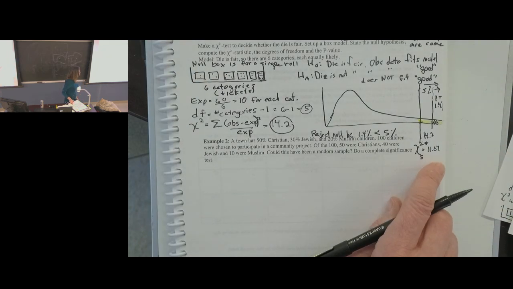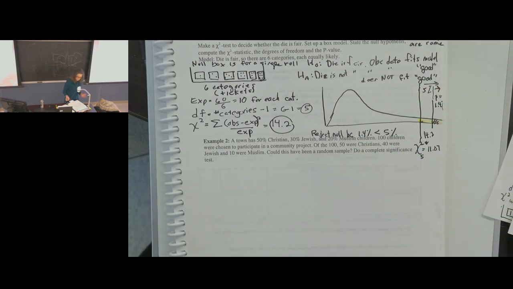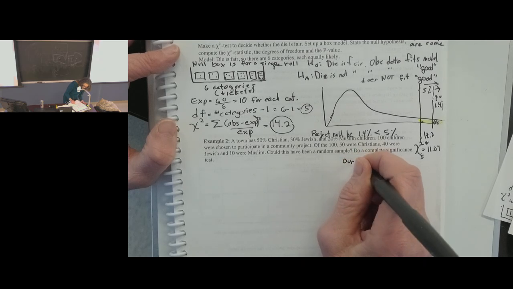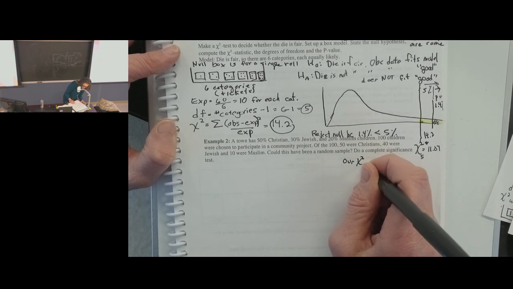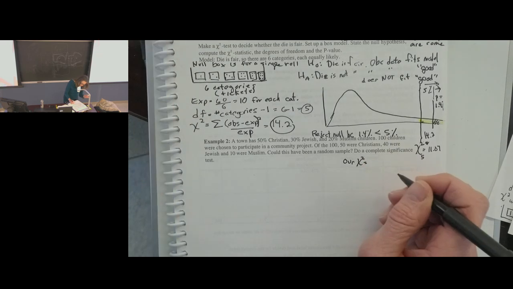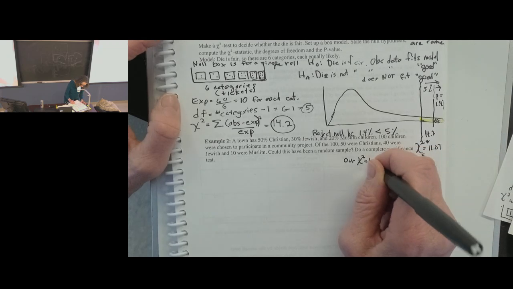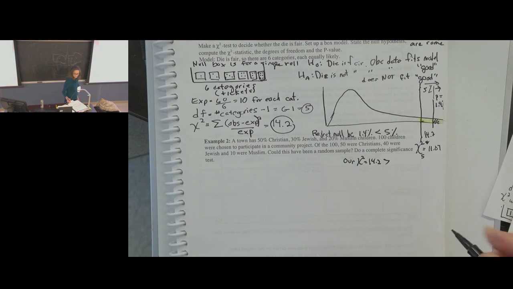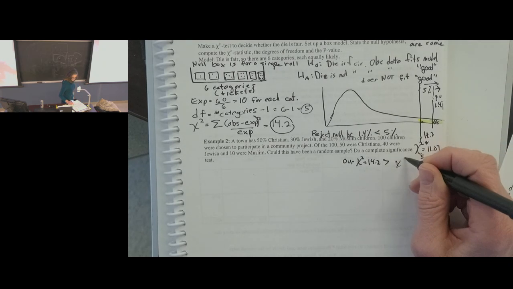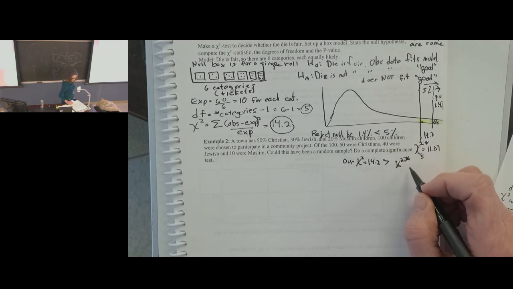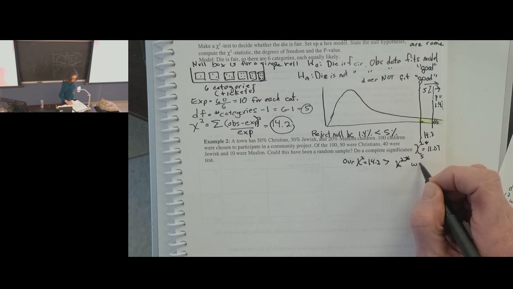So, just to get you used to this because we'll be doing it a lot, since our chi-square stat, equal to, what was it? 14.2 is greater, or further out, than the critical value at 5%, we reject the null.